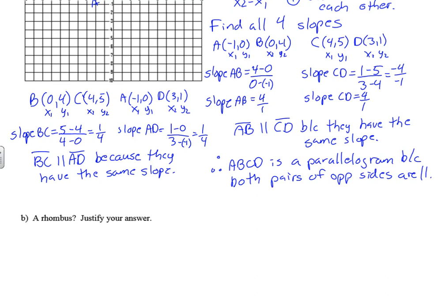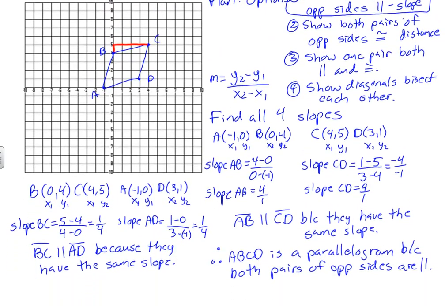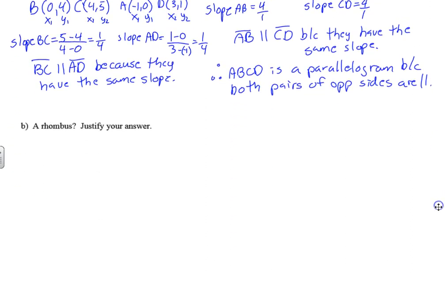Now this question has a part 2. Is it a rhombus? A parallelogram could be a rhombus. So when we think about a rhombus, we should think about a couple things. Number one, a rhombus has 4 congruent sides. The other thing is a rhombus has perpendicular diagonals.